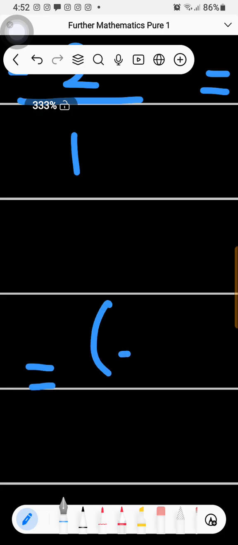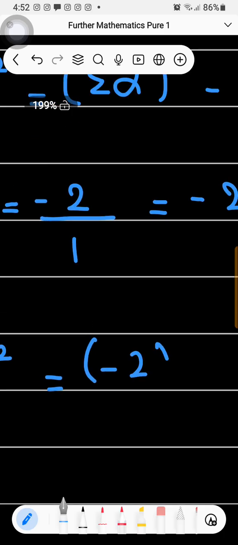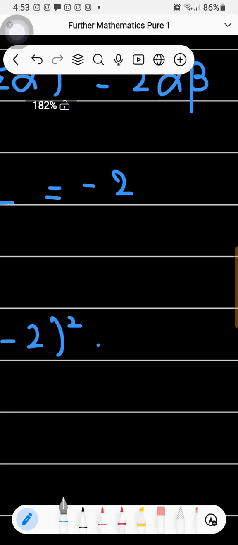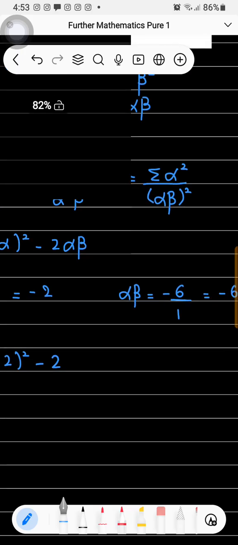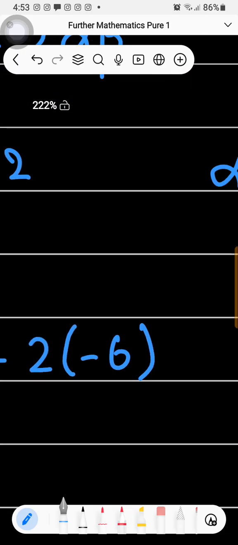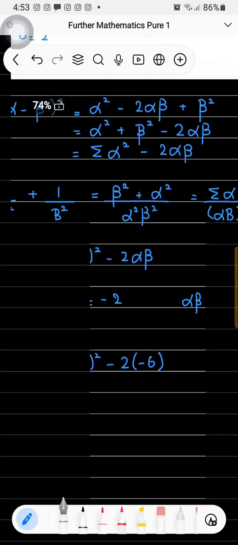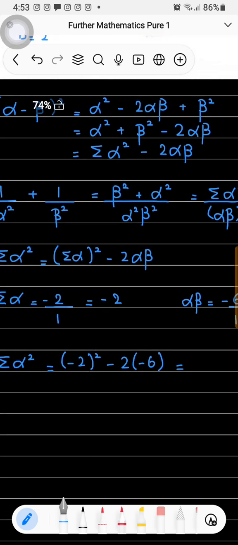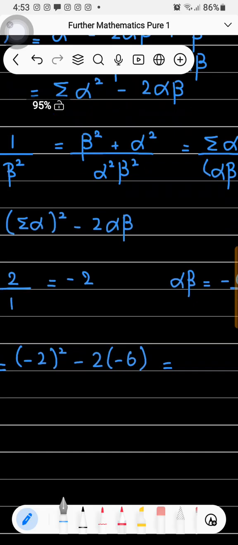Negative 2. So negative 2 whole square, then minus 2 times alpha beta. Alpha beta was negative 6. So now we get sum of alpha square: it is 16.